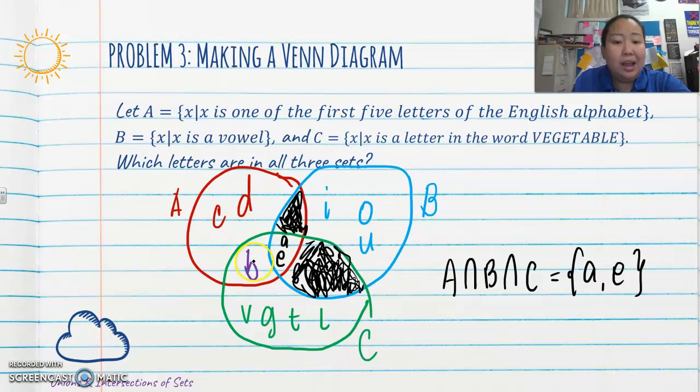The only other common one would be A and C, because A is the first five letters of the alphabet, and C has the letter B on it. So that's an intersection between set A and set C as well. So this is not included, only this one. And this is how our Venn diagram would look. Okay, thank you.